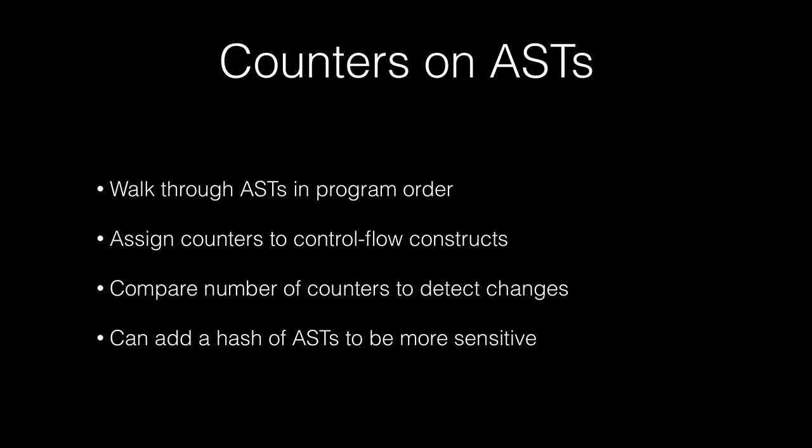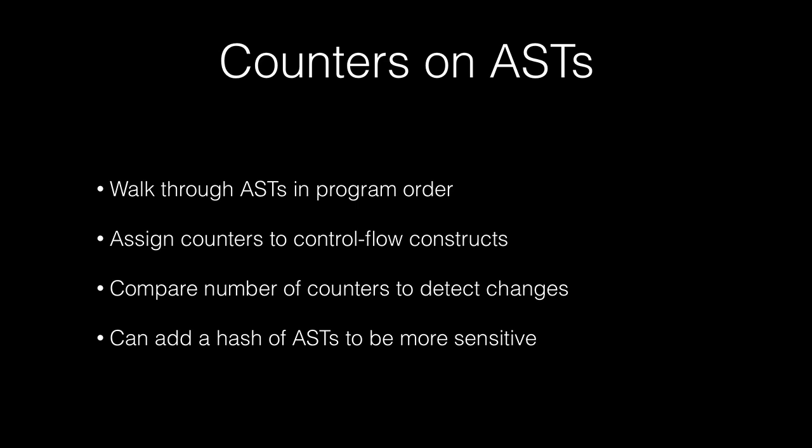So I just want to walk through with an example how this works. The compiler will walk through the ASTs in program order and assign counters for the instrumentation to particular control flow constructs. During the PGO phase, when we're reading a profile back in, we'll walk through the ASTs in the same way.